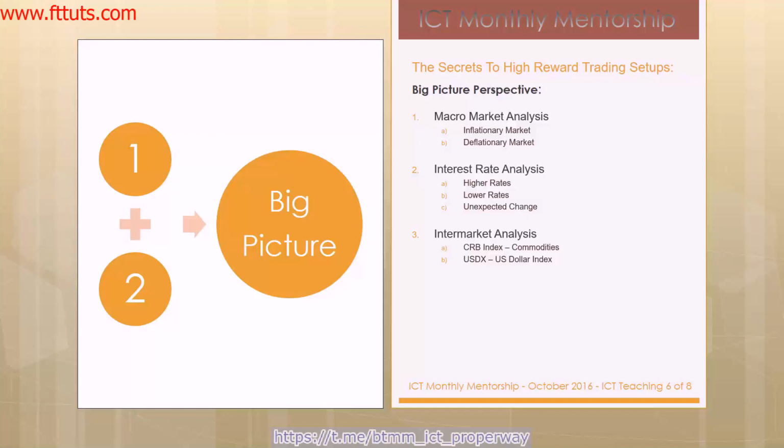And if we see at the same time that the commodity market wants to go higher and the dollar index wants to go lower, that gives us a framework for a high reward trading scenario relative to the big picture. So the only thing we're doing now is framing three areas of study.